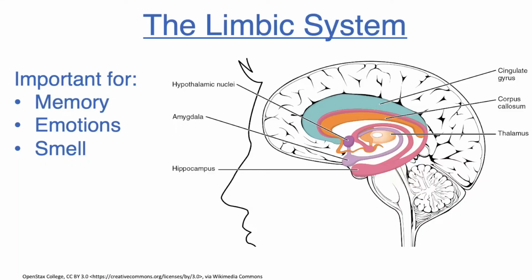Now, it's hypothesized that this link between smell and memory is due to the fact that these are processed in the same area of the brain. So odors and long-term memories, emotions, cognition, these are all processed in the limbic system of the brain. And that's hypothesized why we sort of entangle these long-term memories with different smells.